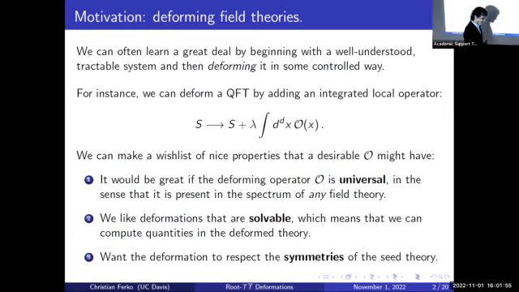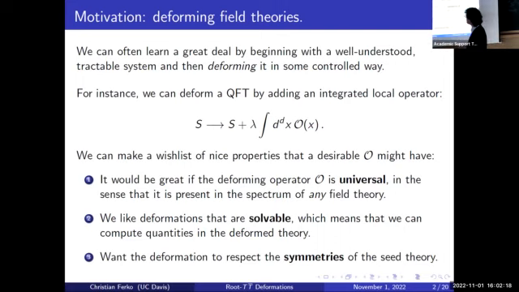But you might ask what criteria you would use to choose a desirable or a good operator for such a deformation. And I would make a wish list of kind of 3 nice properties that one would like to have. So in the best case scenario, it's ideal if your deforming operator O is something which is universal in the sense that it's present in the spectrum of either any field theory or a broad class of field theories that you're interested in.